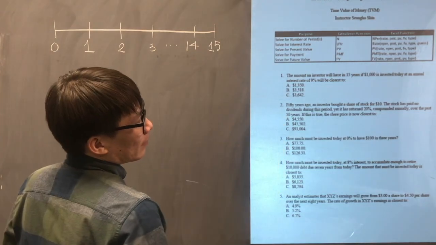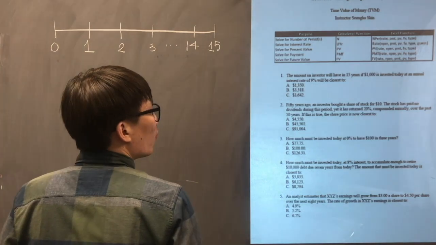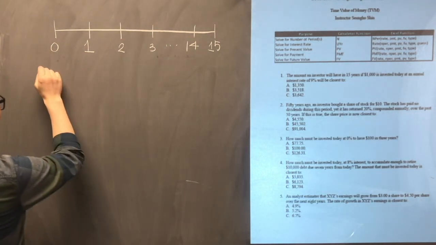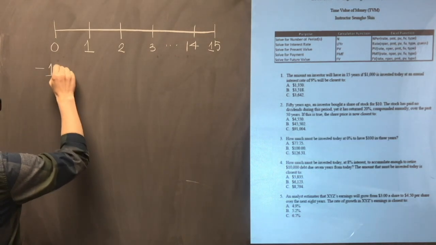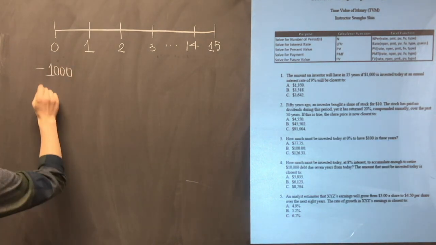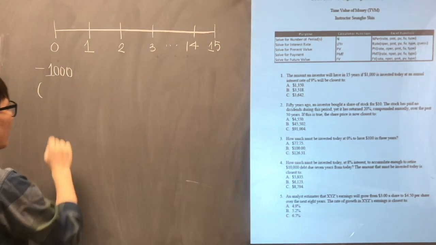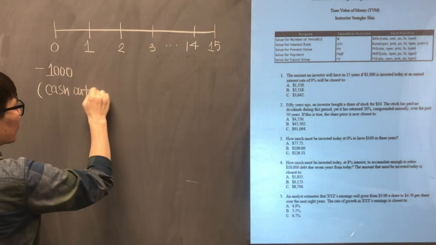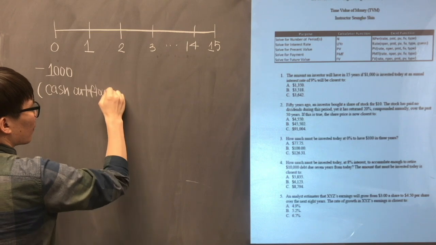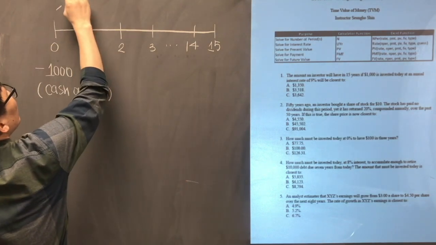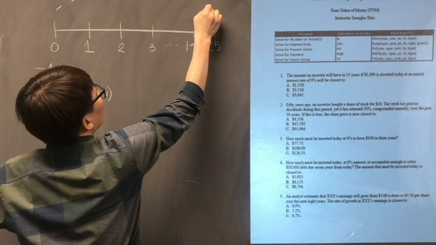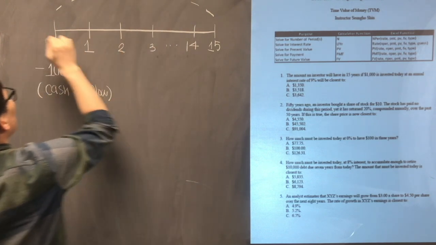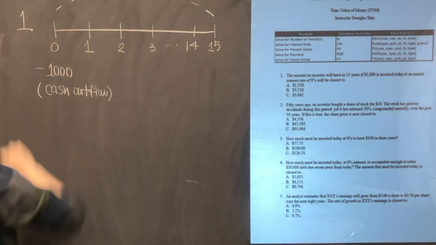And today, the investor will invest 1,000 here, so this will be negative 1,000. In other words, this will be a cash outflow, right? And during this period, the interest rate will be 9%. This is question number 1.